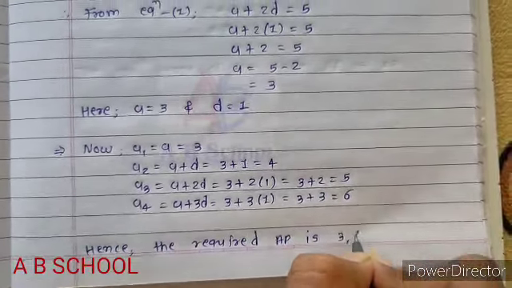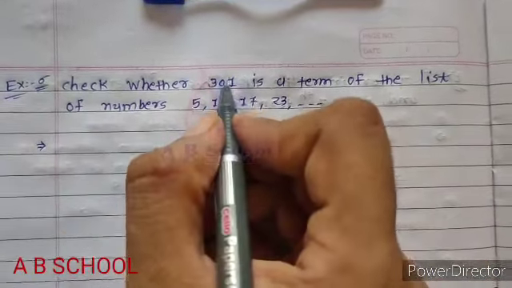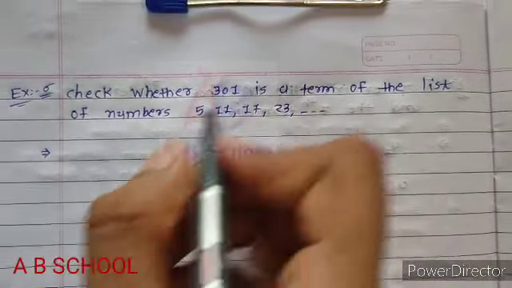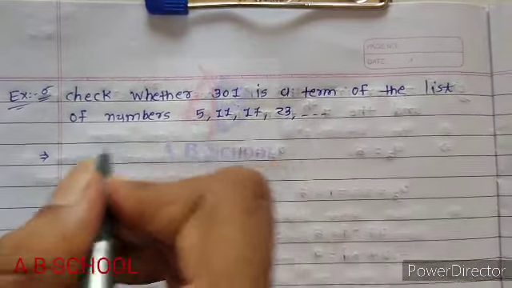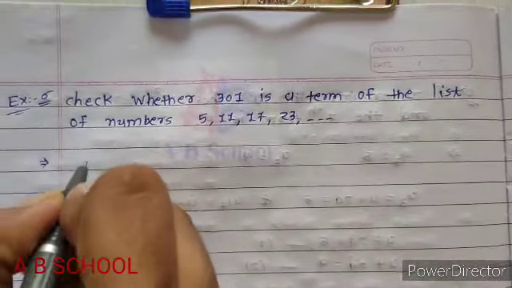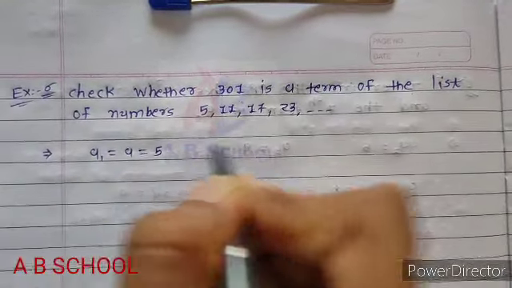Now example number 6, check whether 301 is a term of the list of numbers 5, 11, 17, 23. ओके, सो मुझे चेक करना है फॉर 301 कि 301 AP का कौन सा टर्म होगा, ये हमें चेक करना है. ओके, सो फर्स्ट टर्म ऑफ AP A1 is equal to A is equal to 5.